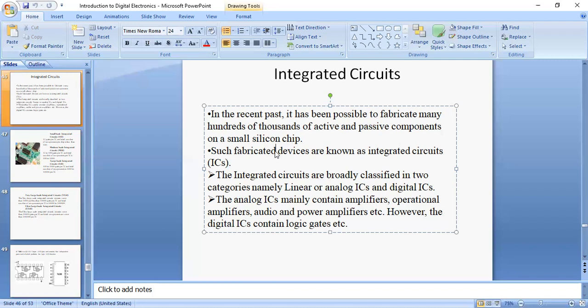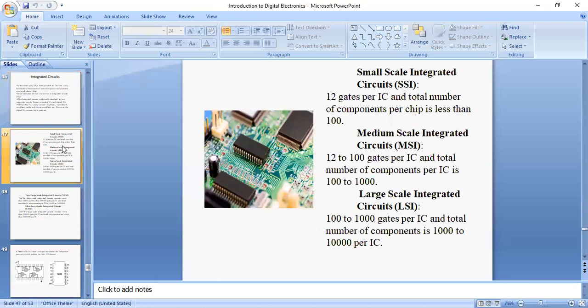The integrated circuits are broadly classified into linear or analog ICs and digital ICs. Mainly it is classified into 5 types. They are SSI, small scale integrated circuits.